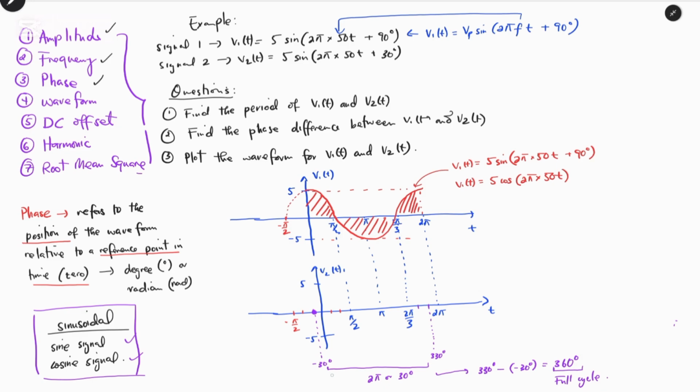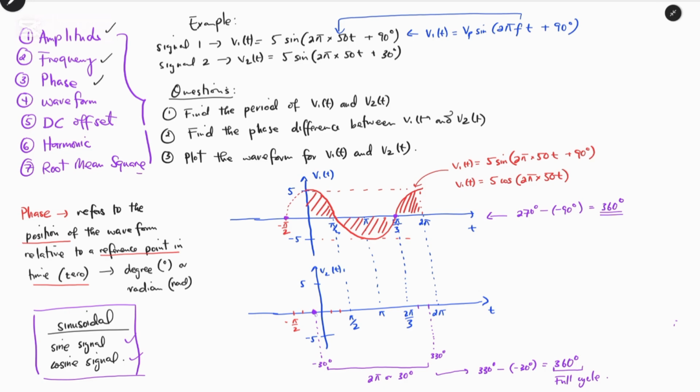Our signal, shifted by 30 degrees, must be within this plane. Similarly here, for a full cycle, it begins from here and ends at this portion: 270 degrees minus minus 90 degrees gives 360 degrees, a full cycle of the sine signal.